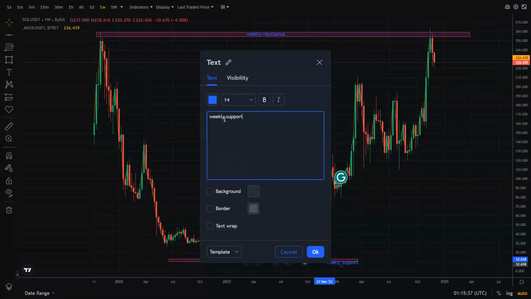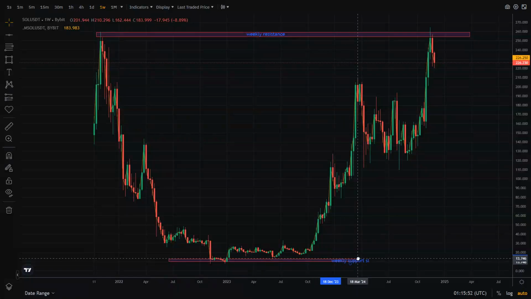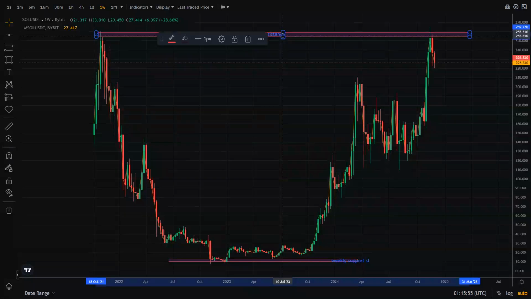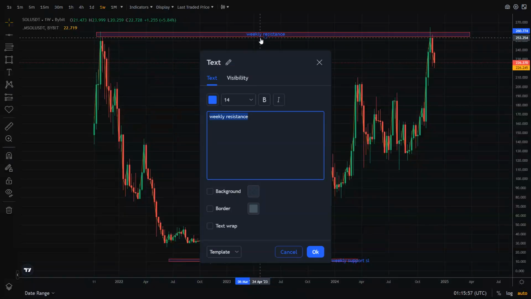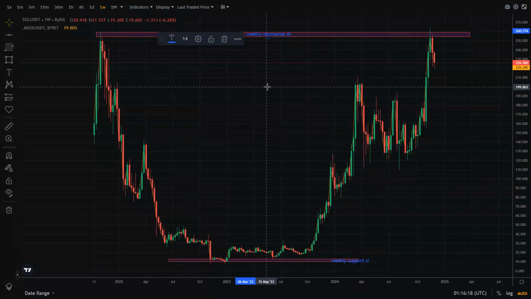So after writing weekly support, let's do something else. One is swing high and swing low. So just write SL, which signifies swing low. All right. So you just put it on the chart. Okay. So we also include swing high. All right. So we have it there.